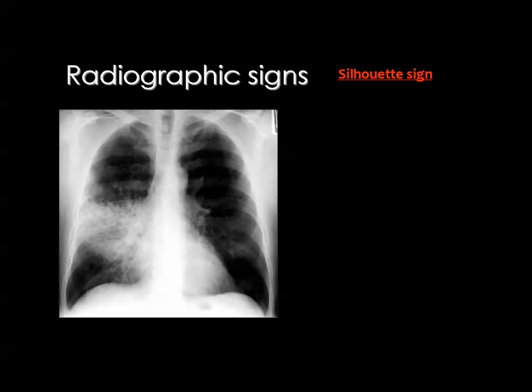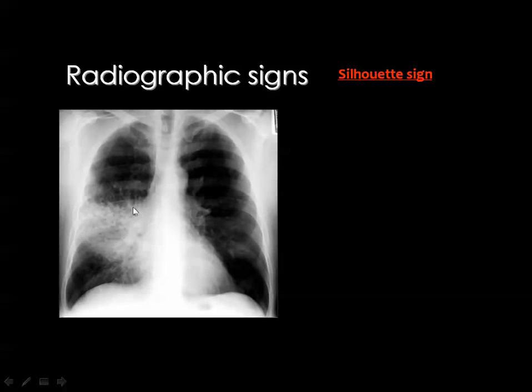Then we have some terminologies you should know. Number one is what is known as the silhouette sign. And the silhouette sign means that there is an opacity in the lung that has masked the cardiac border. Then if you look to this opacity in the right lung and you want to follow the right cardiac border and you cannot do this through the opacity, then what does this mean?